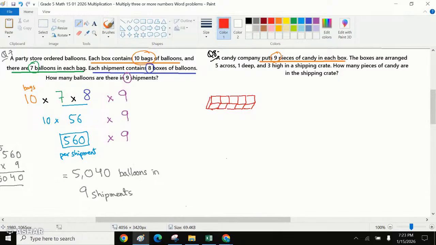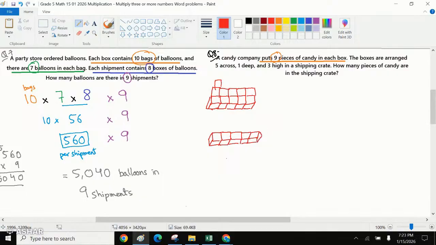It's a rough sketch. If 5 across and 1 deep, and 3 high, that means there would be 3 boxes on top of each box, right? I would try to do it in this manner. If this was a box given to us, then we'll have another box, so this is box 1, box 2, box 3, box 4. We are looking at it from the side.